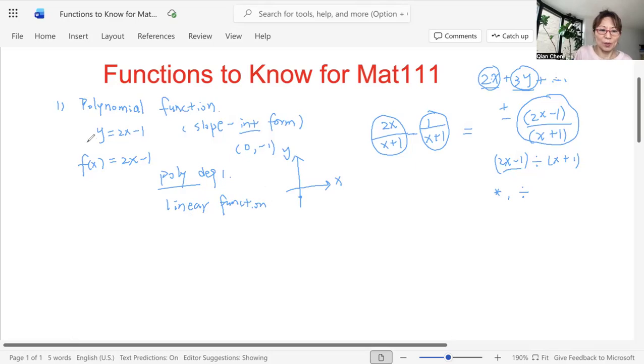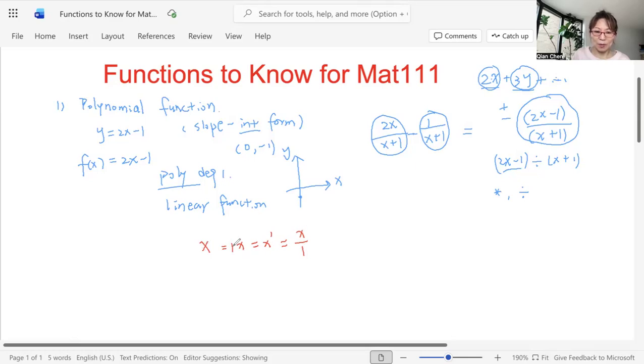So polynomial degree 1. Where does the degree 1 come from? By default, the variable x equals 1 times x, x raised by 1, and x divided by 1. Right? 1 times x, still x. x raised by 1, still x. x divided by 1, still x.